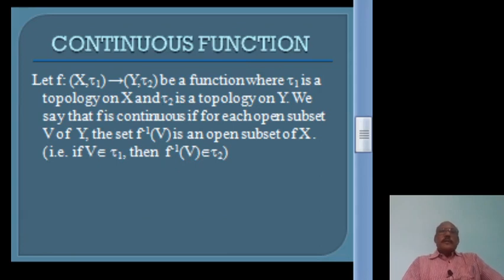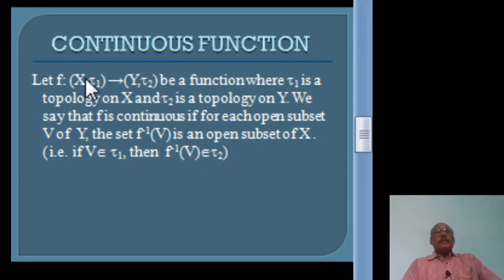Now let us define a continuous function. F is a function from one topological space into another topological space. Tau 1 is a topology on X and tau 2 is a topology on Y. We say that F is continuous if for each open subset V of Y, the set F inverse of V is an open subset of X. So we take an arbitrary open set in Y, then find its inverse image.